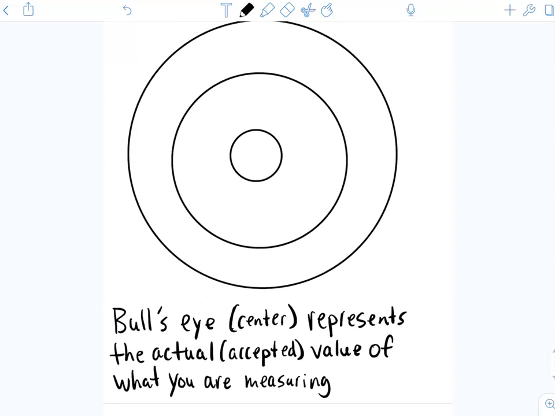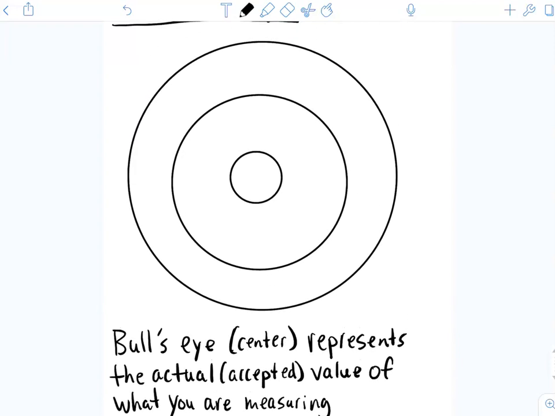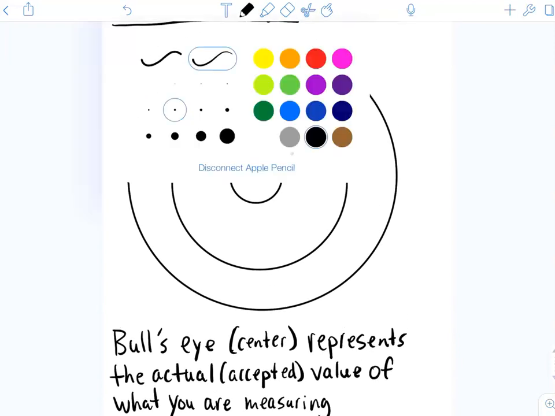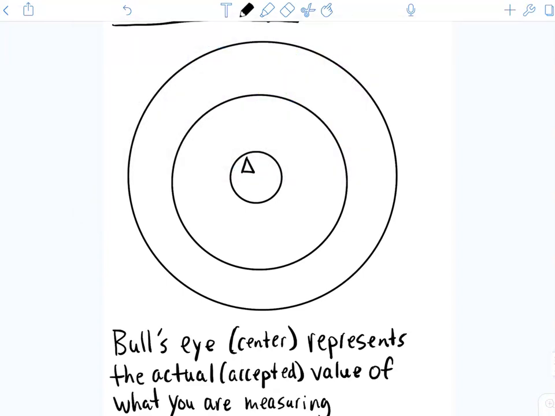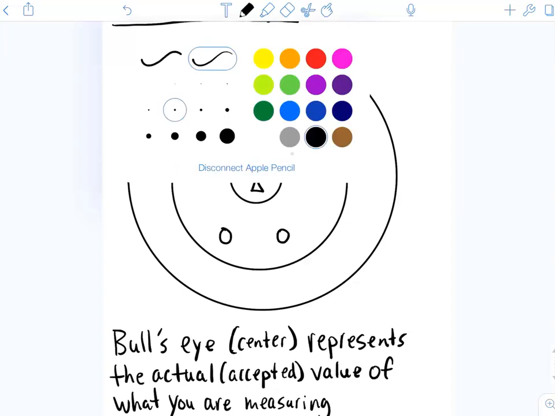Okay, now we're going to add some points onto our dartboard. If you don't have colored pencils, that's okay. You can just do the shapes. If you do have colored pencils, it's very helpful to include color, but if you don't have access to that, that's okay.